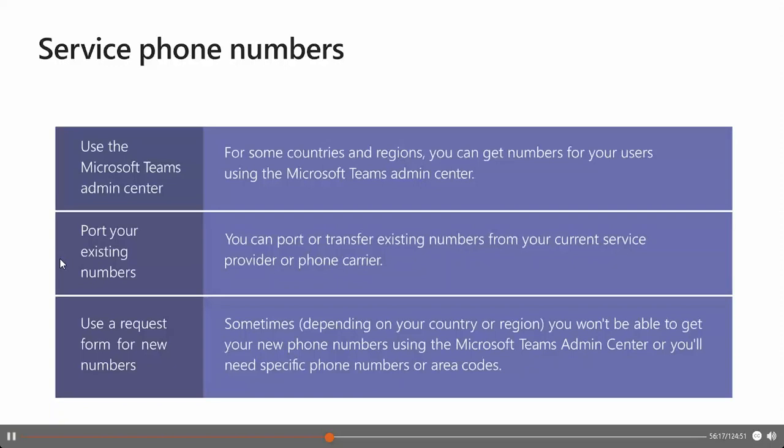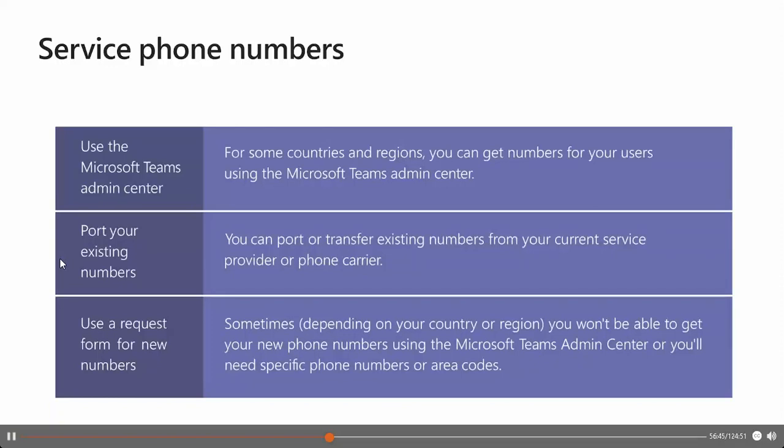Now we come to the numbers. We typically have two different types of phone numbers for a specific purpose. There are the user numbers that are assigned to the users in your organization for any calling purposes, and there are the service numbers. These numbers are assigned to services such as audio conferencing, auto attendants, and call queues.